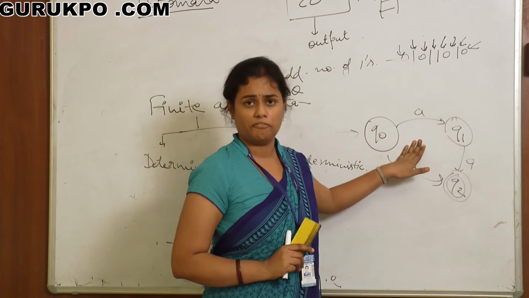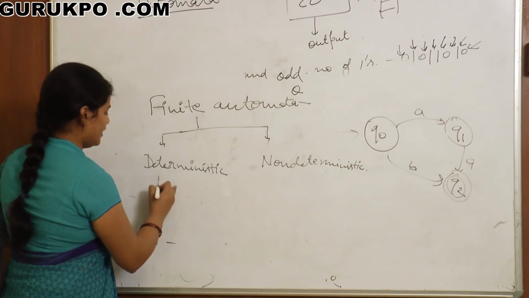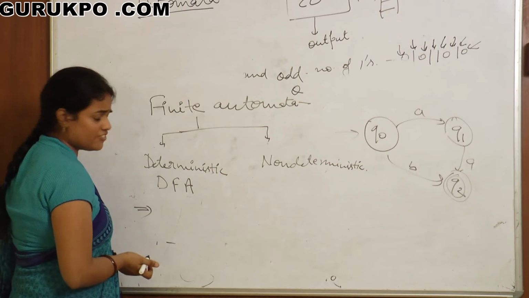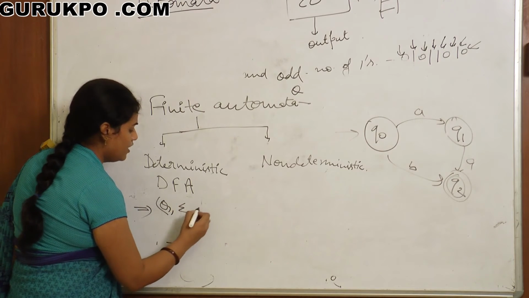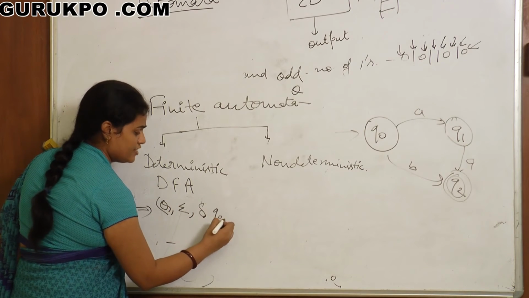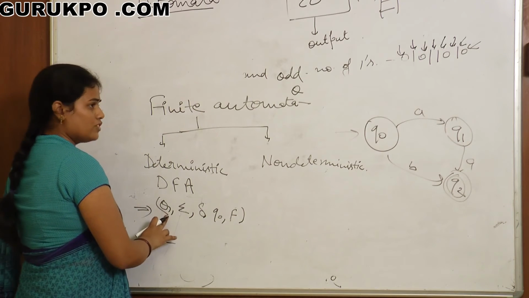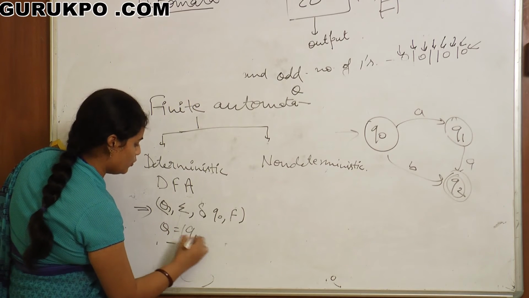This is a DFA. A DFA contains 5 things, as automata contains 5 things. First, Q, second, input symbols, third, production rules, then the initial state and a set of final states. In this case, Q is equal to Q0, Q1, Q2.